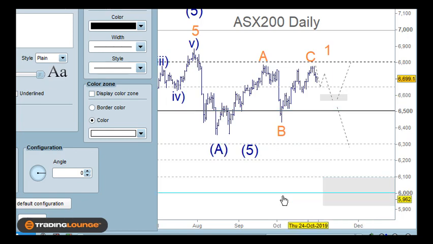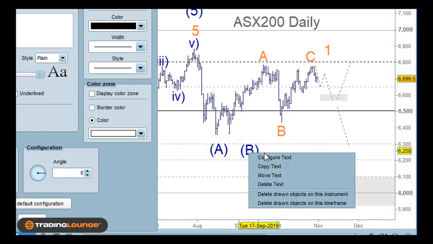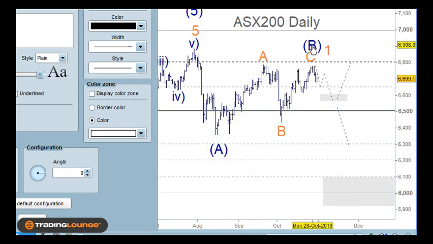And the reason that I would put it as an ABC at this particular point is because if this was a wave 2 here, wave 2 is normally sharp and swift, and this is quite laborious here. It's taken much longer than the A wave here. But what that means though is that we'll be coming down at least to the previous low here in that case.